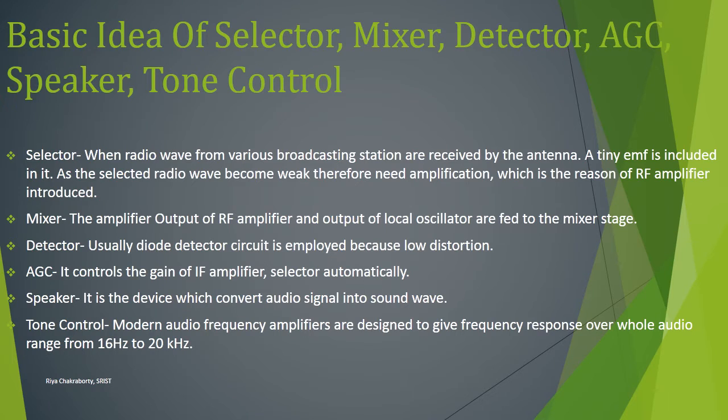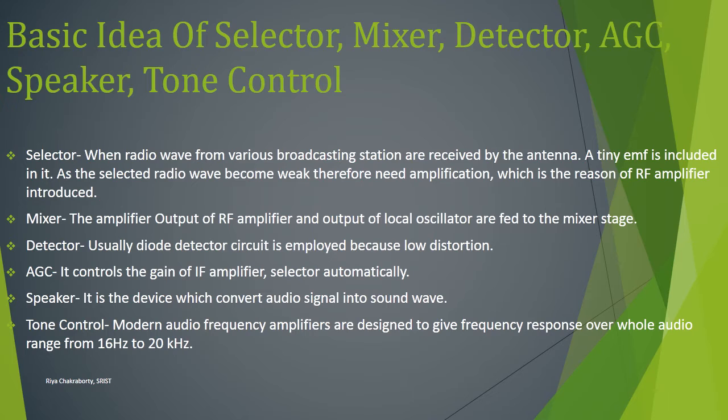Now the basic idea of some parts of the block: selector, mixer, detector, AGC, speaker and tone control. So what is selector? When radio waves from various broadcasting stations are received by the antenna, a tiny EMF is induced in it. As the selected radio wave becomes weak, it needs amplification, which is the reason the RF amplifier is introduced. And the next one is mixer.